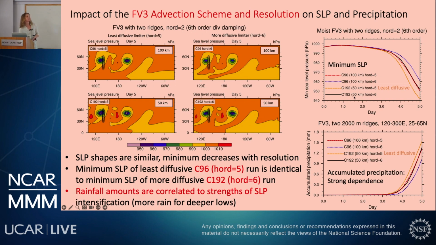So basically, all the bang for the buck you pay when you go to high resolution is lost due to the diffusion setting, and this is also reflected in the accumulated precipitation. So it's not just in the dycore, it now impacts the precipitation regime. And this is also true, the least diffusive one is in orange, so we have the most precipitation in that, and then here in red and black we overlay, but basically we have two different horizontal resolutions in these.